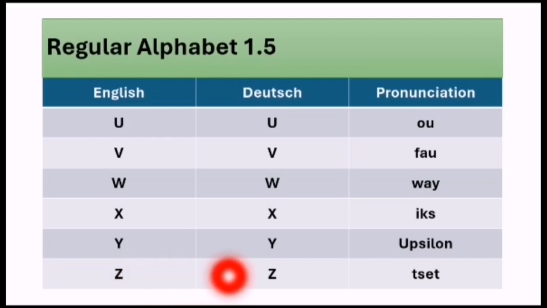Y. In English it is Y, and in German it is Upsilon, but the writing method is the same. Okay, Z. Z in English, set in German.